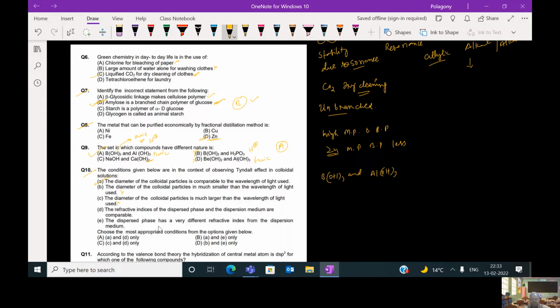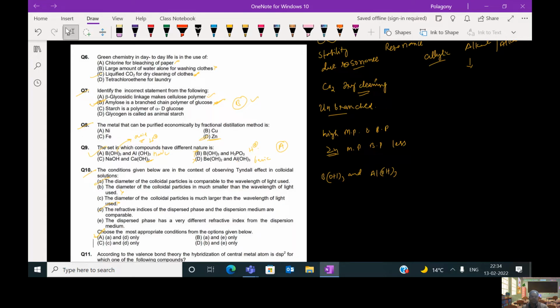The dispersed phase has a very different refractive index from the dispersion medium. So we can go for option A, we can tick this.